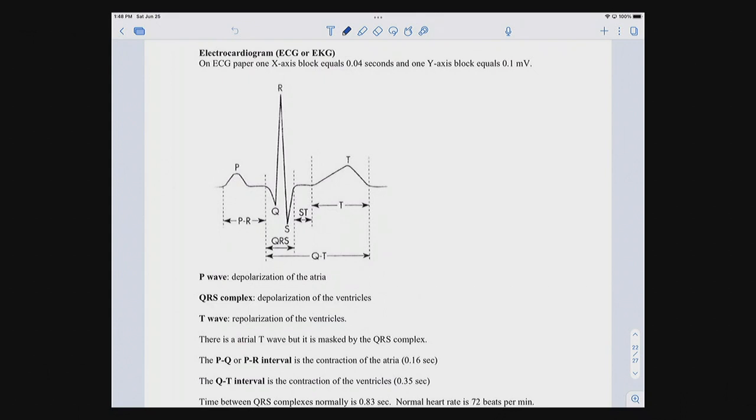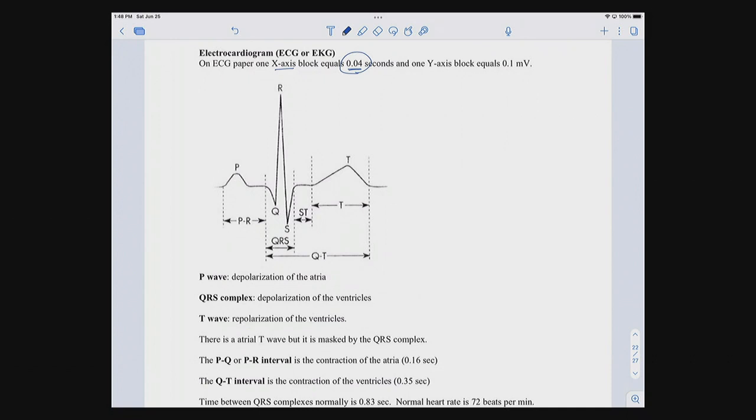One of the things that you'll note when you're looking at ECGs is that it's going to be on graph paper, and of course you have an x-axis and a y-axis forming little blocks. On the x-axis, one block equals 4/100ths of a second. That's along your x-axis, and that is a number that I want you to know.